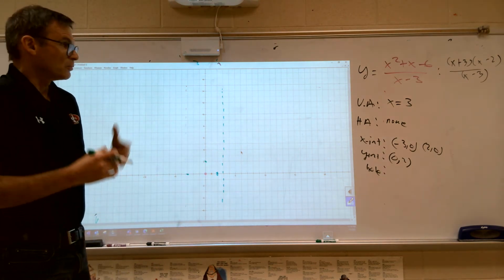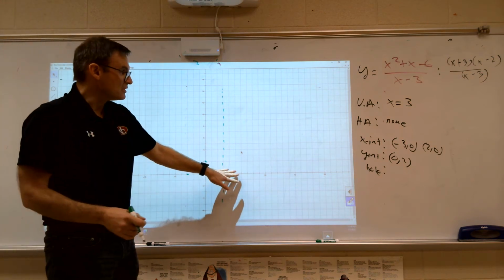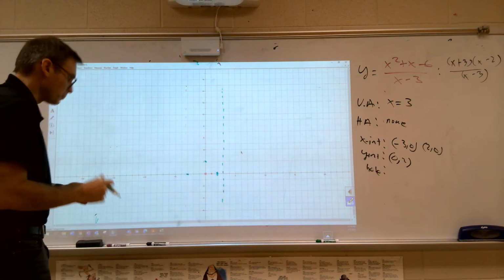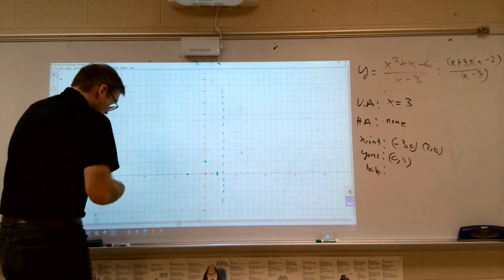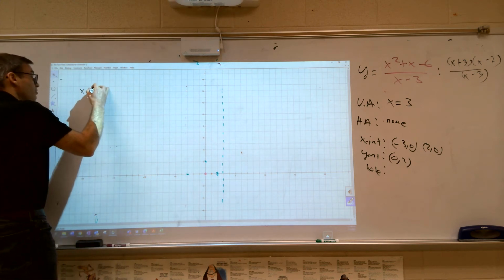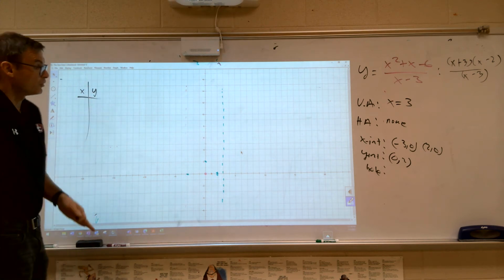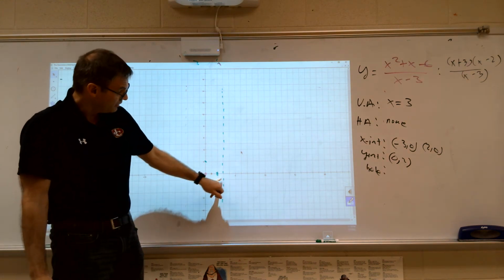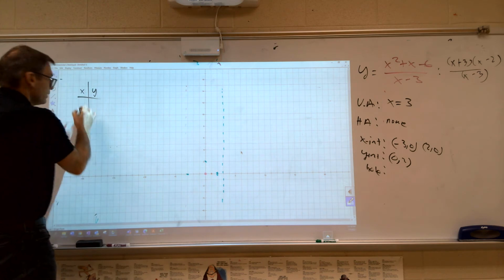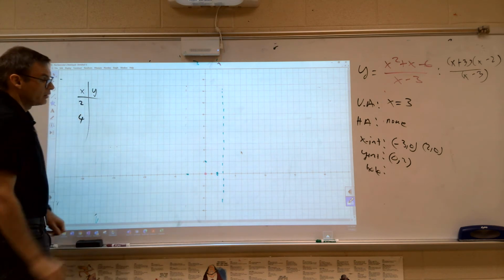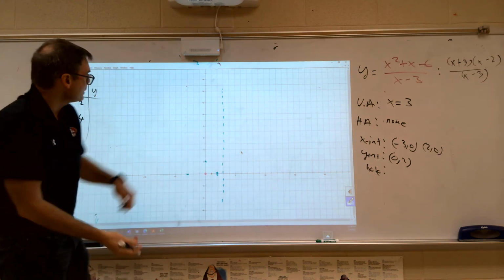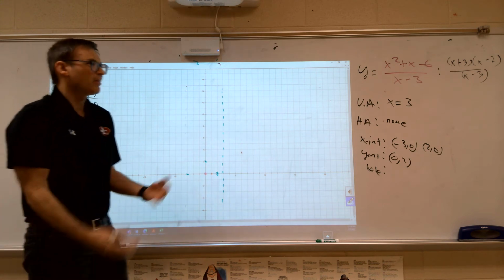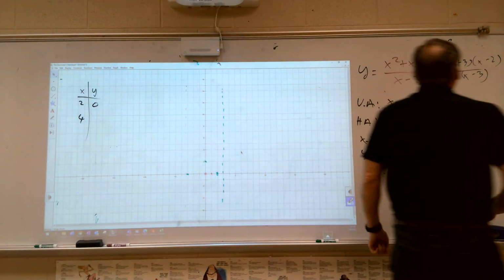And we have to figure out what happens. We've got a vertical asymptote, so we can plot some points. Fortunately, we only have one vertical asymptote, so I just need to plot a point to the left and a point to the right of it. If I'm at 3, I need to talk about 2 and 4. 2 I've already taken care of, that's easy. 4, a bit of a pain.